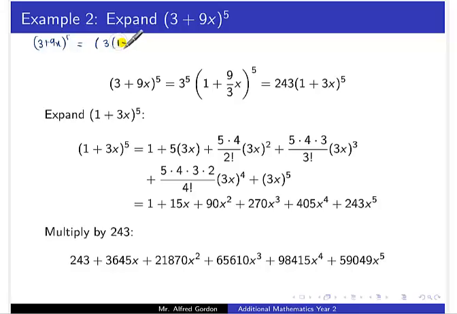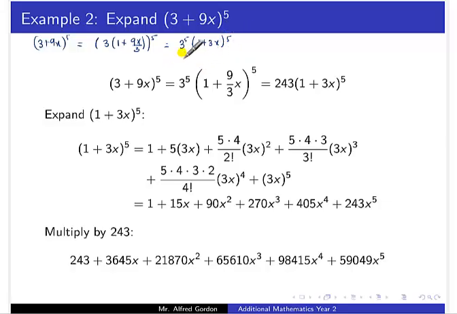We have 1 plus 9x all over 3, which is factored out, all to the power 5. And this will give us 3 to the power 5, in the bracket 1 plus, 9 divided by 3 is 3x, all to the power 5.